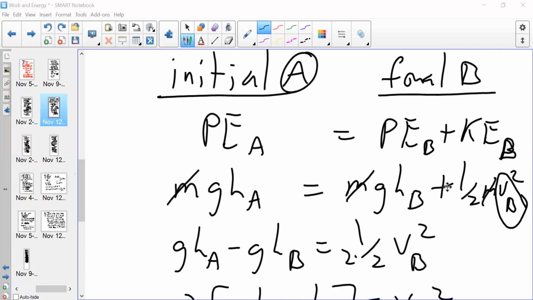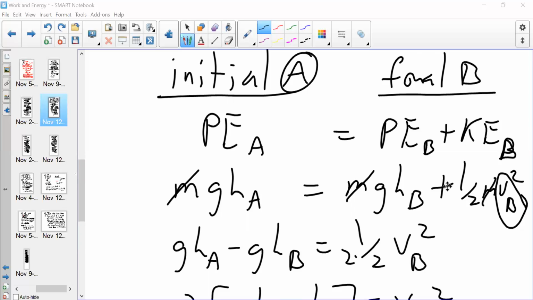If I put a ball at 5 meters there, I put a truck at 5 meters there and release either one, it's going to have the same speed at the bottom. Because it's all about what's going on between the start and the finish, whatever you designate as finish.